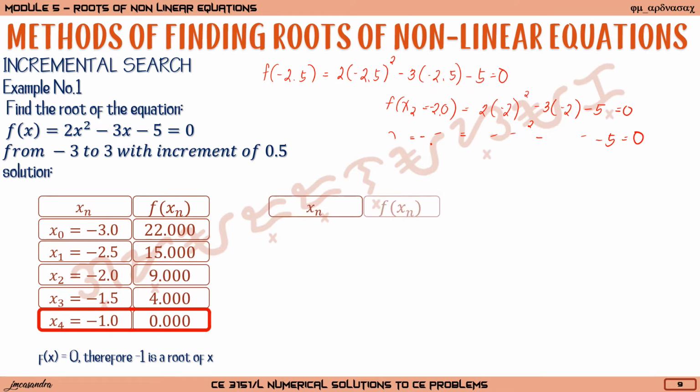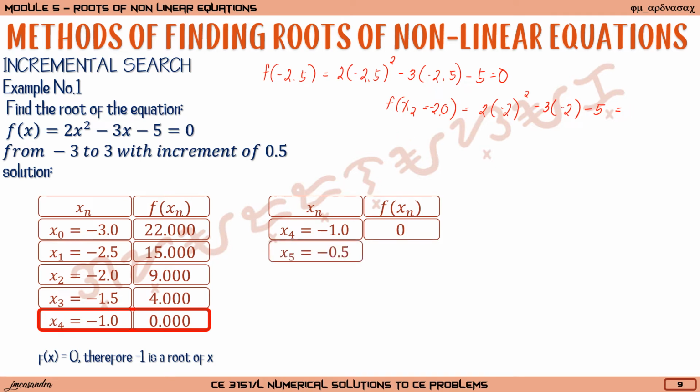So from -1, we follow -1 plus 0.5, which will give us -0.5. So you substitute this -0.5 in our equation: 2 times (-0.5) squared minus 3 times (-0.5) minus 5.